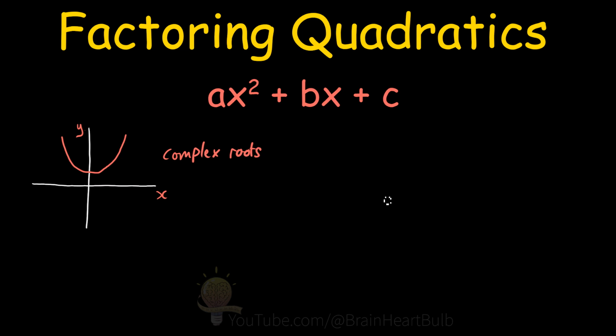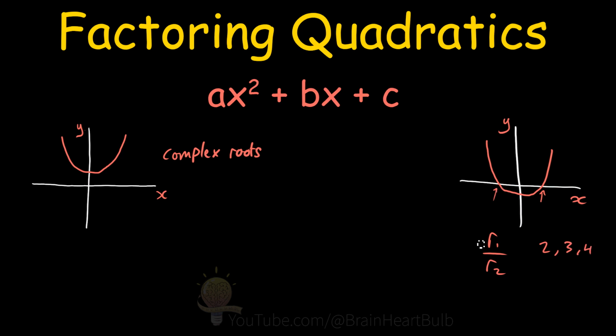We can have a situation where when we plot out our quadratic equation, it does in fact cross the x-axis here, but the locations where it crosses the x-axis are not rational numbers. In other words, they cannot be represented as a fraction, for example, r1 over r2, or as a whole number, for example, 2, 3, 4, etc.